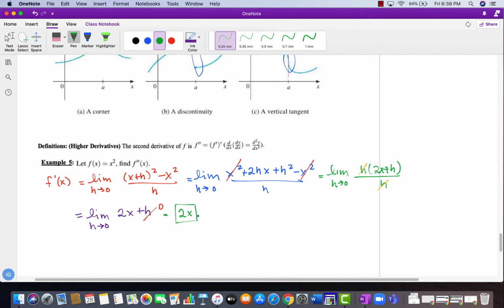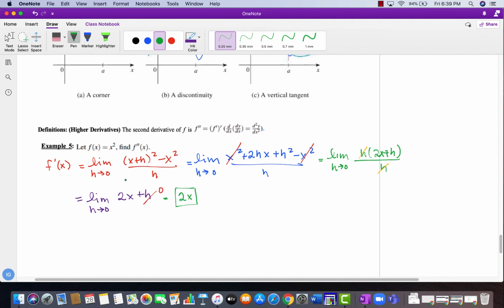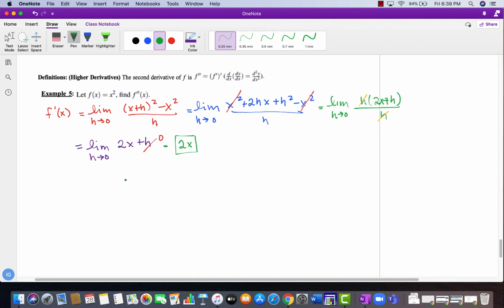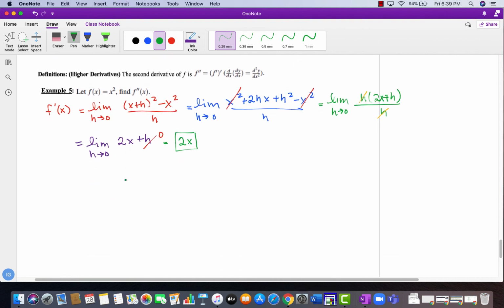When you're taking your derivative, your derivative should not have h in it, okay? Why? Because you're taking the limit as h approaches 0, so the h's should go away, okay? Always, always, always.